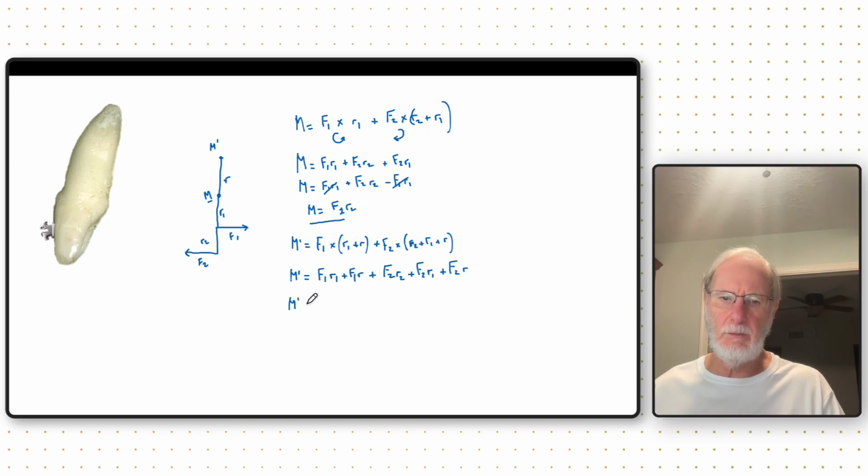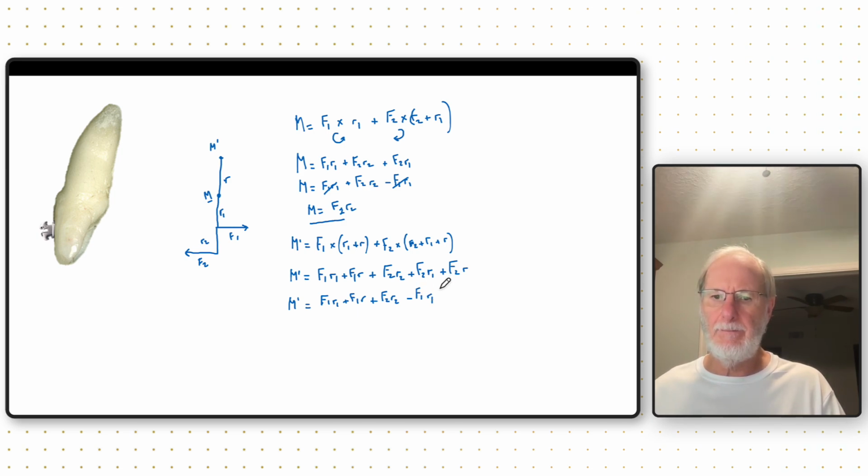So M prime equals F1 R1 plus F1 R plus F2 R2 minus F1 R1 minus F1 R. Again, plus this one, plus this one.